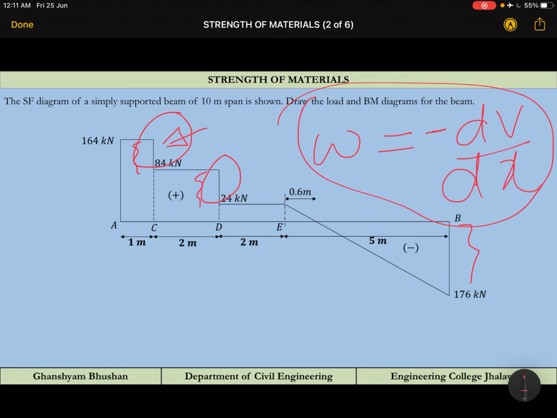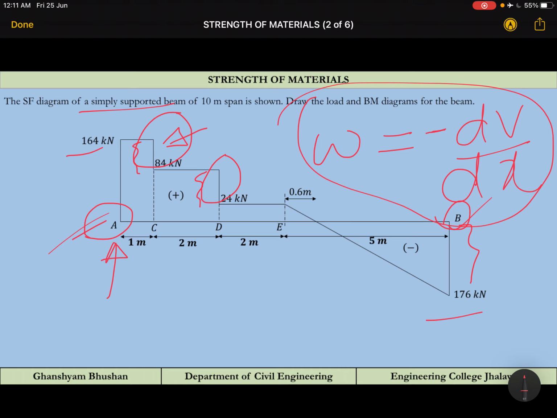The beam is simply supported at A and C. You can see the loading, 176 kilonewton here and 164 kilonewton here. This means there are supports at A and C, which we can easily see with the help of the shear force diagram.